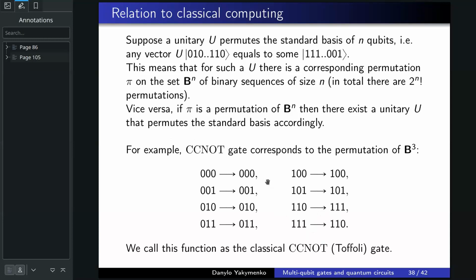Now, without relation to quantum computing, we call this operation on bit strings a classical CCNOT gate or a classical Toffoli gate. So this is a function that acts on this set of 3-bit strings.